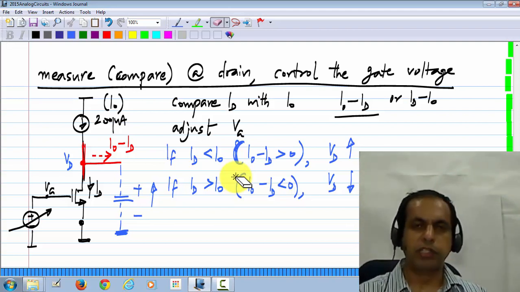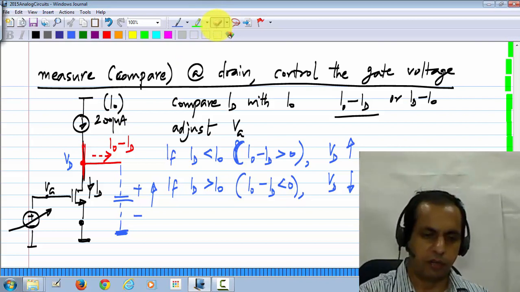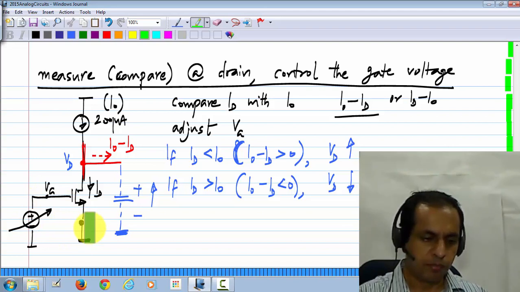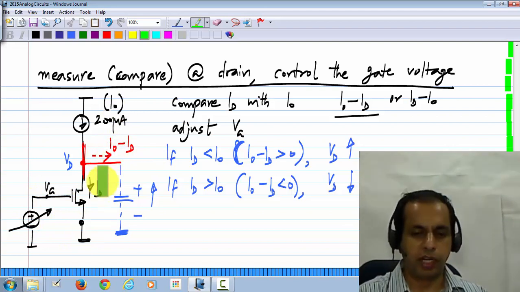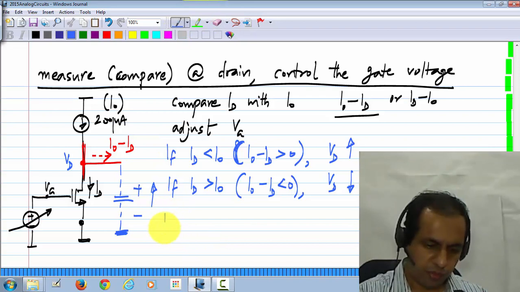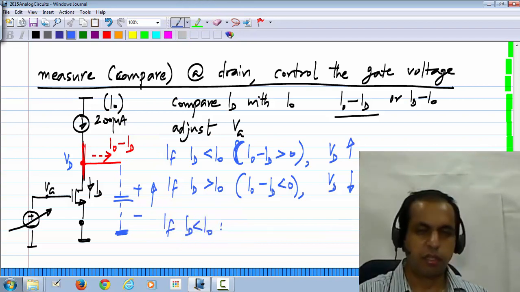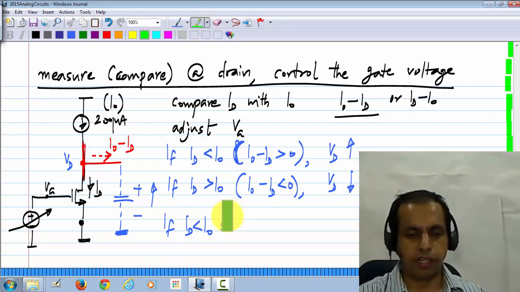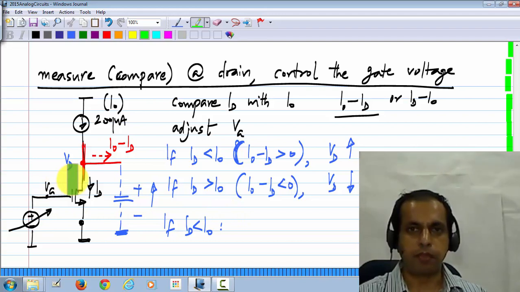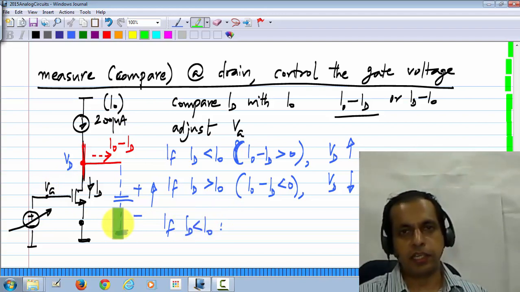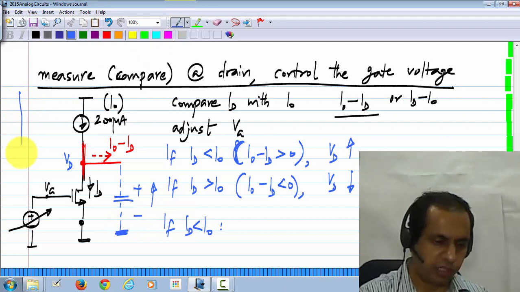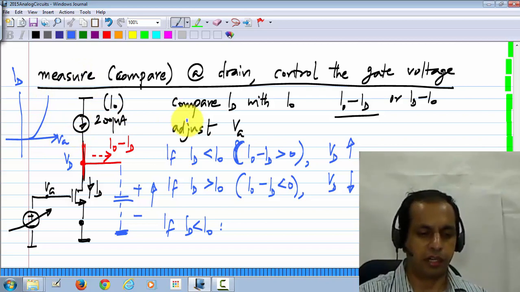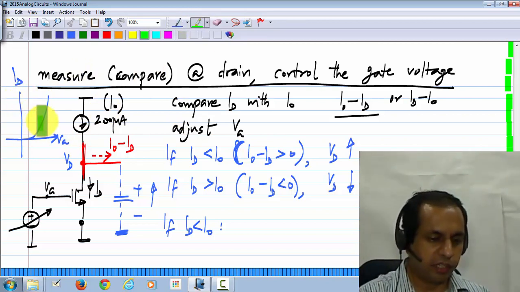Now, what is it that we need to do? Earlier I was looking at the ammeter and doing this, but now I need the circuit to automatically do this. What should happen if I naught is more than ID? If ID is smaller than I naught, what should I do? I know that ID is too small. I have to increase the value of ID. So that means I have to increase the value of VG, because ID is an increasing function of VG, right? We know that ID versus VG, it's the square law. It looks like that. So if I have to increase ID, I have to go from there to there.